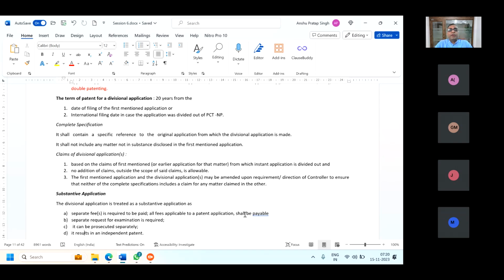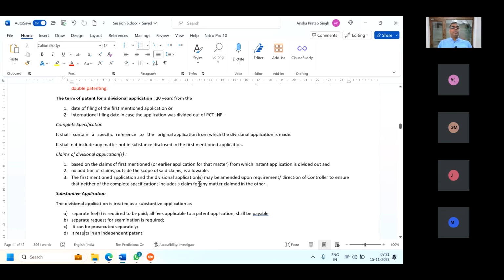A divisional application cannot have new disclosures. Whatever subject matter has been disclosed in the first mentioned application, it should stick to that. That means you should not create an entirely new patent application. It should always be based on the first mentioned application, and be within the scope of that application's disclosure.